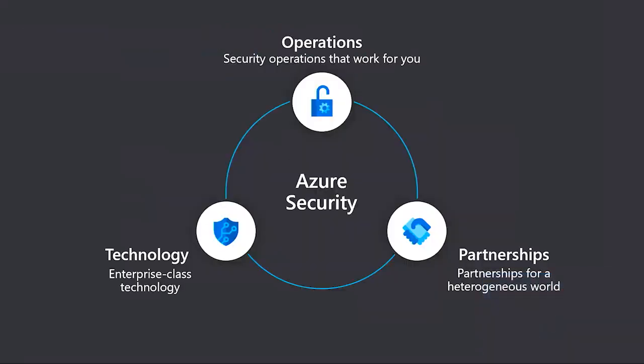Microsoft spends over $1 billion every year on research and development to enable your organization to digitally transform without compromising productivity. We do this through our operations, technology, and partnerships. What makes Microsoft so different to other cloud providers and even security providers is that we have intelligence informed by trillions of sources so we can help you make smarter decisions and remediate faster.